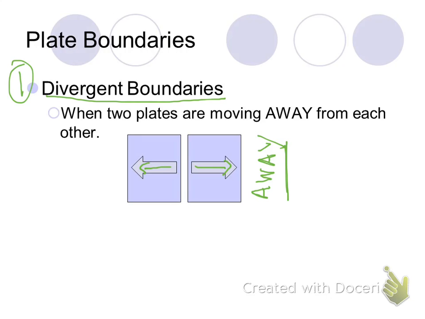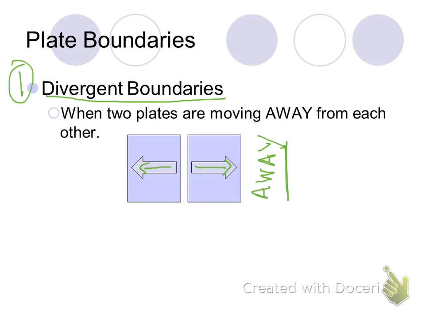Okay. Have we talked about this movement before? Do you remember when I had you guys line up front? And we were talking about seafloor spreading. Those new rocks were moving away from each other, and they were coming up the middle.